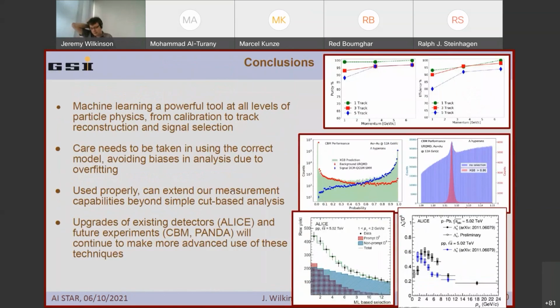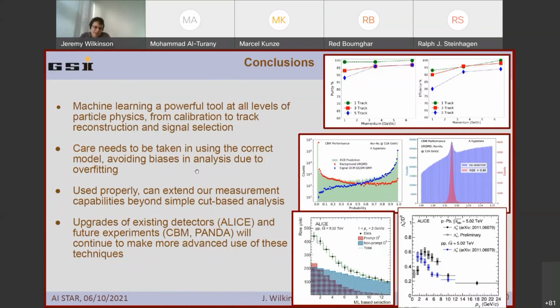It's a hot and increasingly growing topic in particle and nuclear physics to use machine learning at all levels of our reconstruction, from the initial calibration of our detectors to the track reconstruction and then our final signal selection.